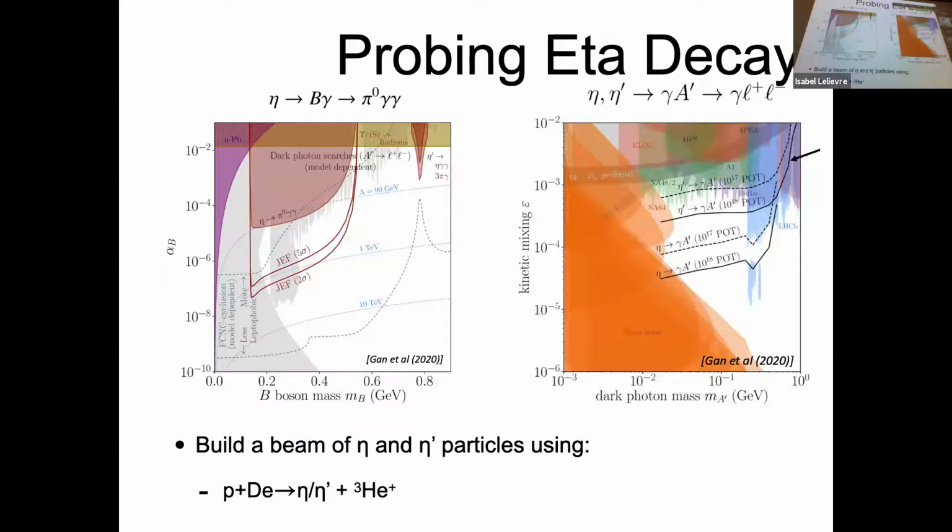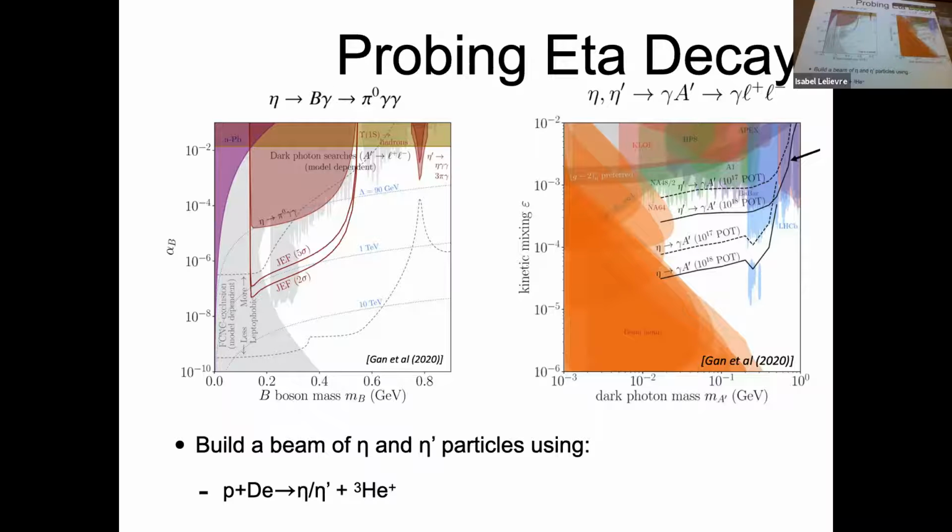So now you can imagine even more crazy decays. You can imagine etas decaying to a dark photon. This is a strange dark photon model that will give you a pi naught photon. You can imagine it decaying to a conventional dark photon. These are proposed experiments that use eta beams.